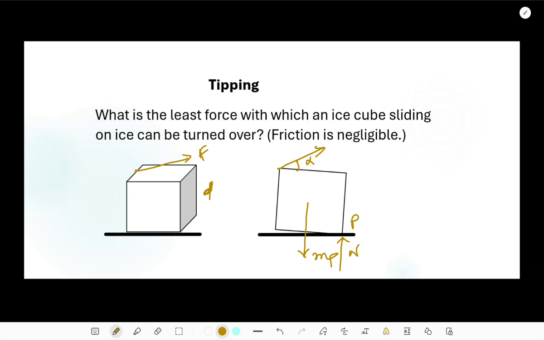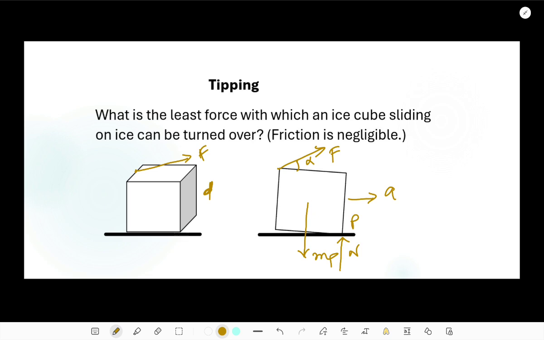Now also assume that the cube is accelerating in the horizontal direction right now, under the action of this force F. Because there is no friction, one component of force, the horizontal component, will accelerate the cube in the horizontal direction at least.